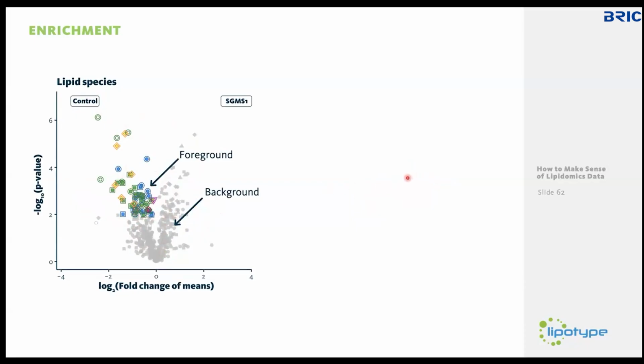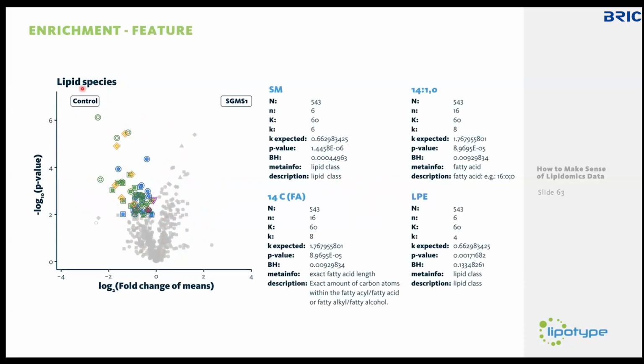The result here showed that if you look at how many sphingomyelins are in that group, sphingomyelin is obviously enriched, but also other things that we haven't noticed up to now. For example, fatty acids with 14 carbon atoms seem to be enriched, and the LPE class in addition.